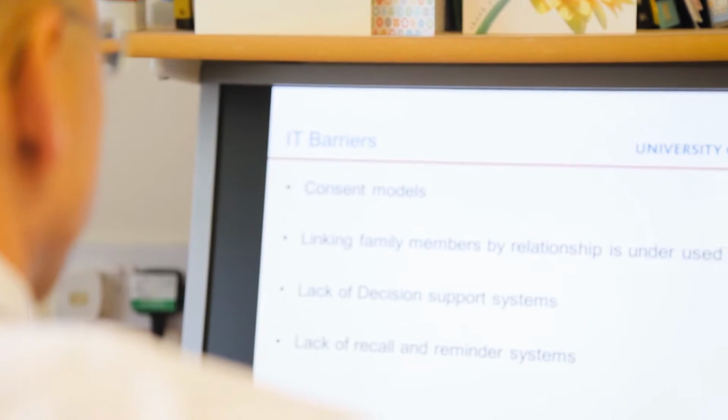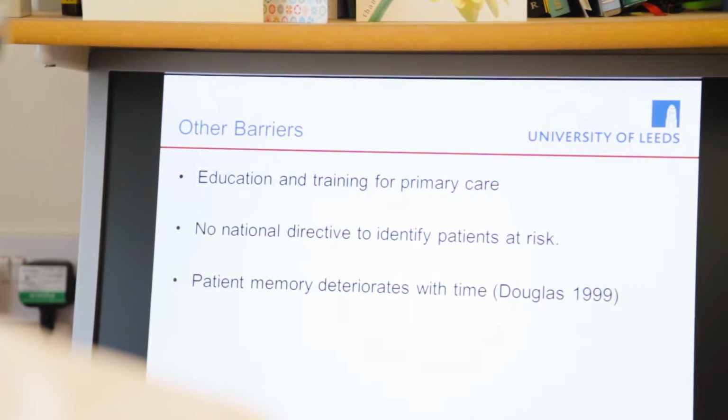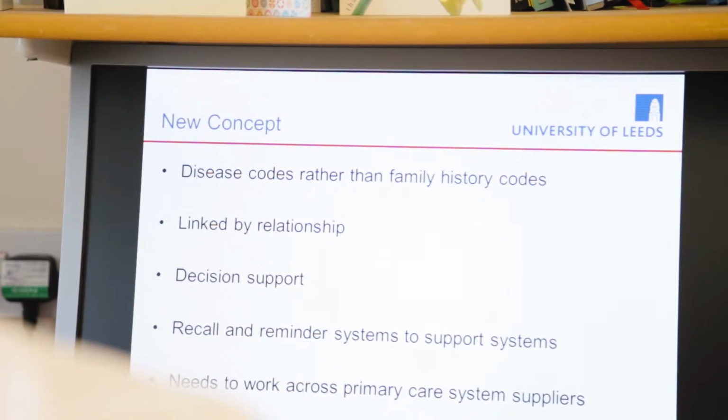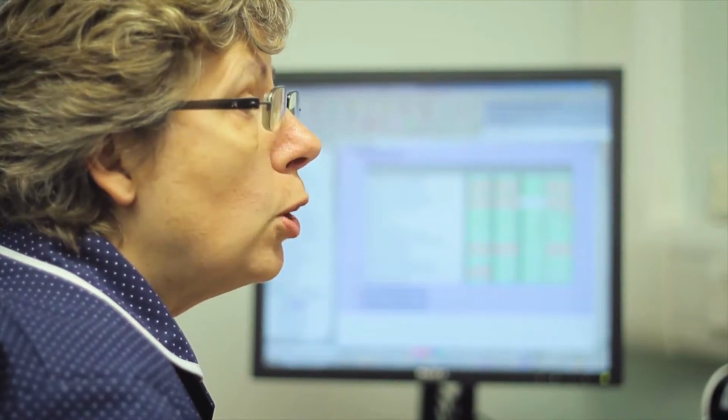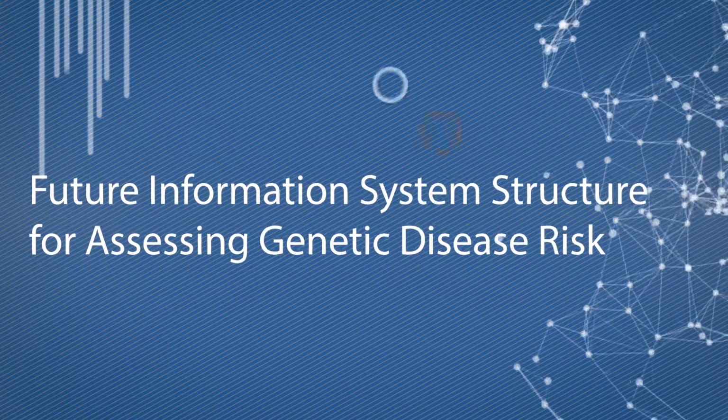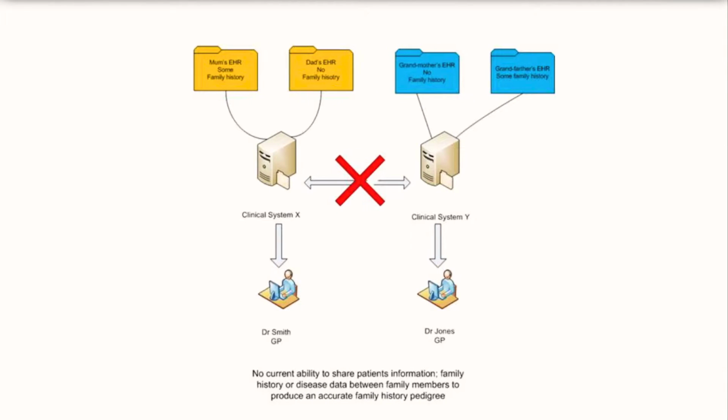So it's really important that we start to capture this information in a different way. We need a total rethink on the way we use this information. And the main point of what I'm trying to suggest is, if patients could give consent for their own information, and it would be specific information, not everything in their record, to be linked with other members of their family, so that the decision support system could then identify whether their children or their grandchildren or their great-grandchildren were at increased risk.